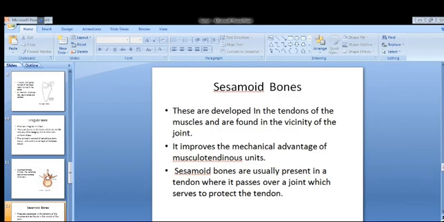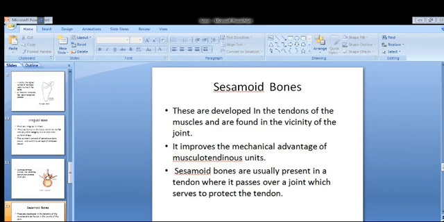Okay, next. Sesamoid bones are usually present in a tendon where it passes over a joint, which serves to protect the tendon. So this particular bone is protecting the musculotendinous unit. It is providing strength to that structure because it is being used more, so that it should not get ruptured.